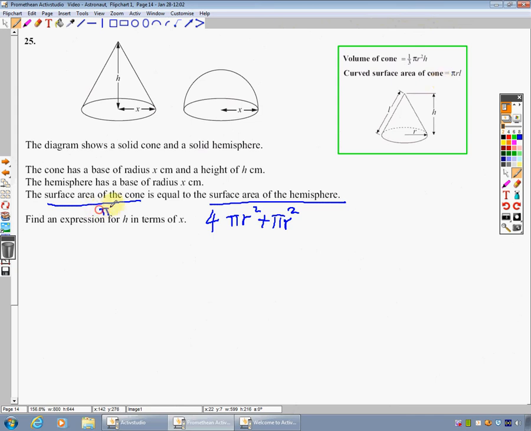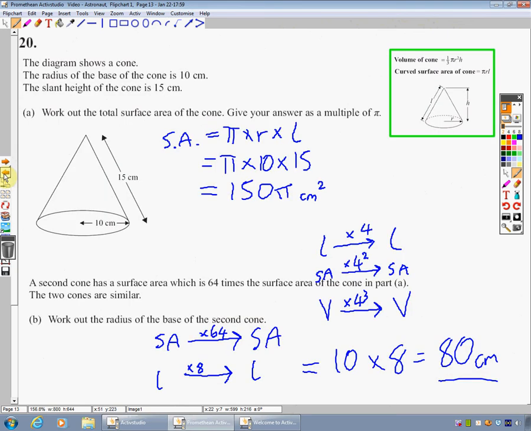Oh, I did do that, didn't I? Great, Mr. Osmond's a numpty. The curved surface area of the cone just gives me this curved bit, it ignores that circle at the bottom, and that's what I've done here. I've completely ignored the circle, so actually my 150 pi is just the curved bit. I have to add on pi r squared. Oh, I'm such a numpty, I can't believe I forgot that.